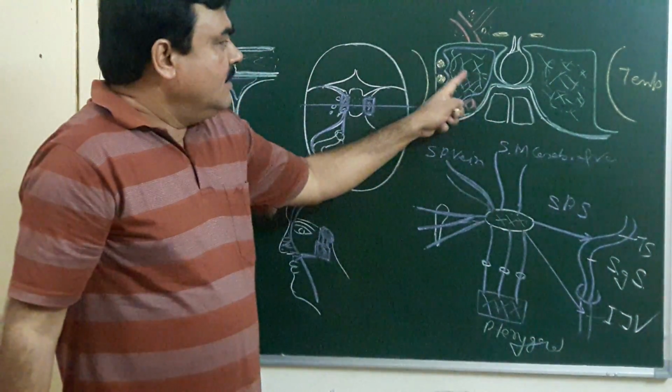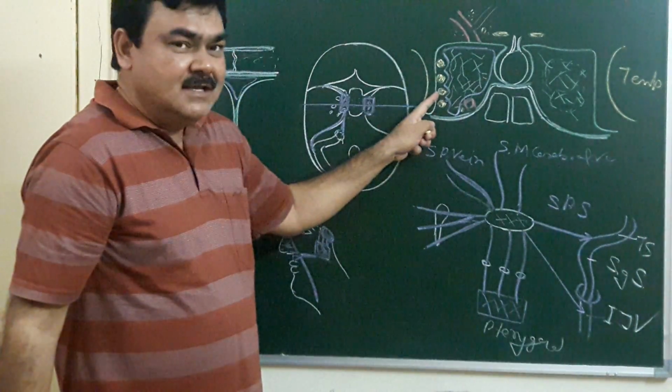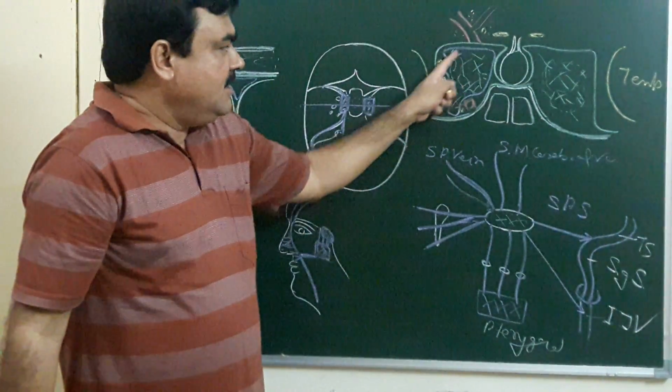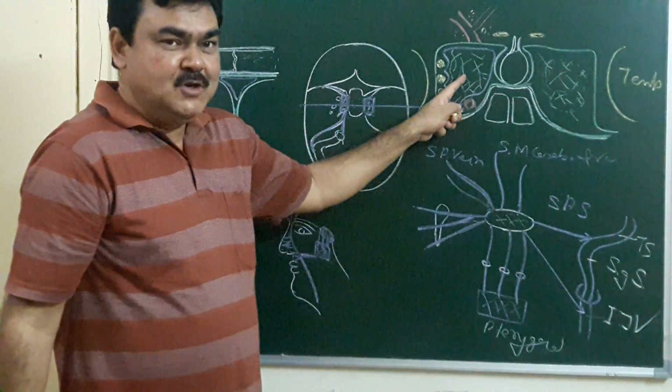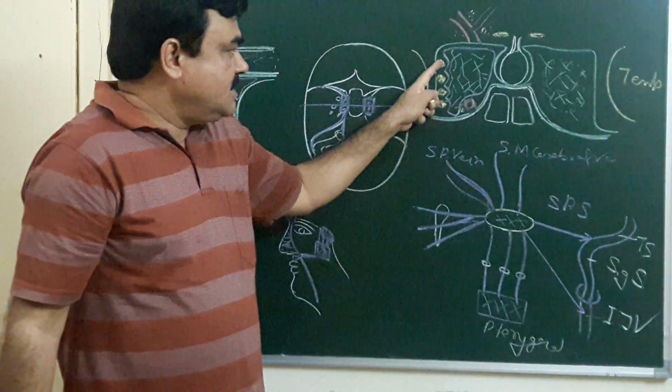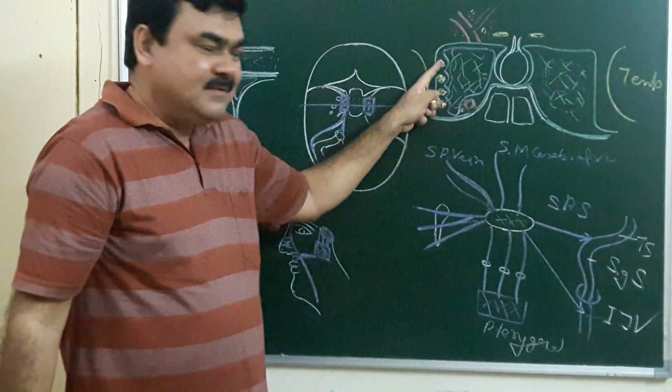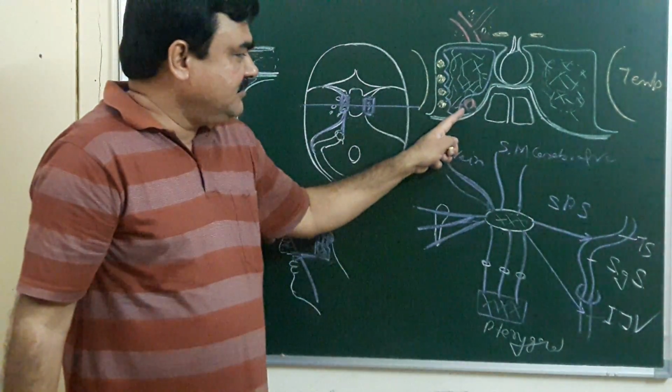The structures related to the lateral wall of the cavernous sinus are compressed if a thrombus forms here due to infection. This is the oculomotor nerve, third cranial nerve; this is the fourth cranial nerve; this is the sixth cranial nerve.